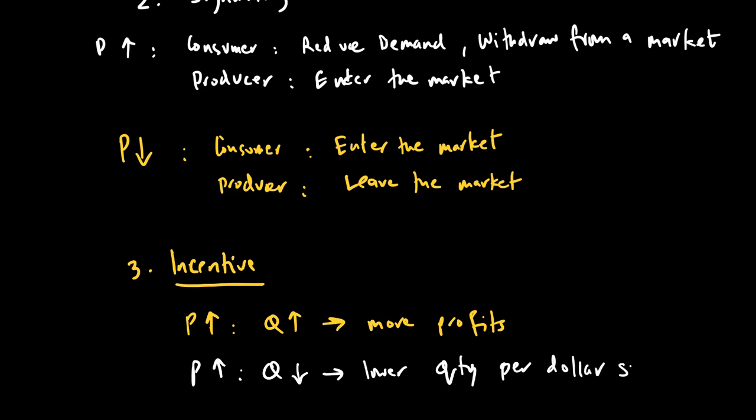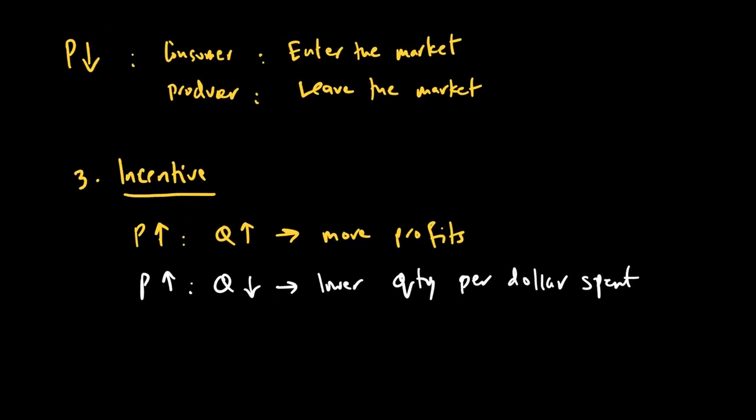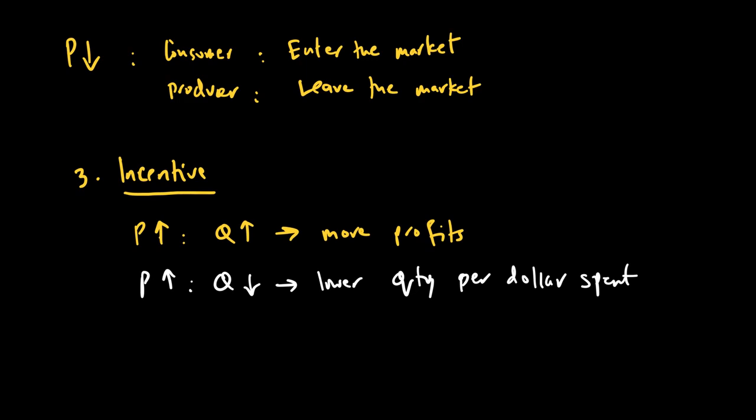The value he's getting per dollar spent is going down because the good is becoming expensive. From the consumer's perspective, he looks at whether per dollar spent he's getting the same, less or more, and his incentive to buy will go down because it's not giving him as much quantity per dollar as before. But from a producer perspective, the incentive will be to produce more, because it will lead to more profits since the price is rising.